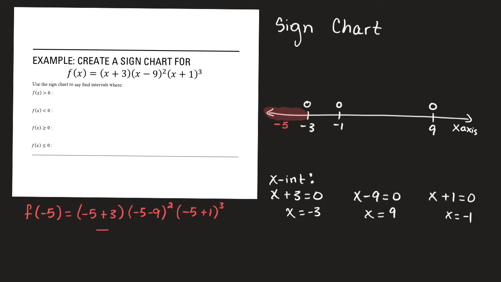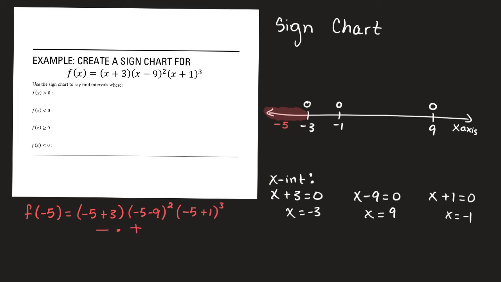Then this is going to get multiplied by the next factor. The next factor is -5 minus 9 squared. -5 minus 9 is a negative number, but then when I square a negative number, negative times a negative is going to be a positive number. So my second factor is positive.